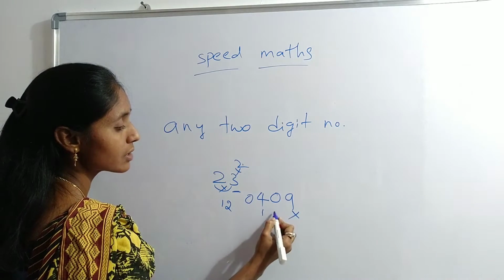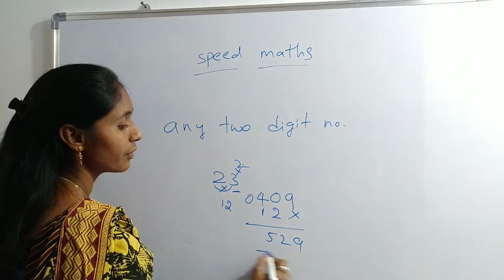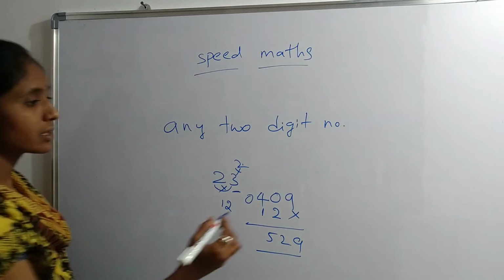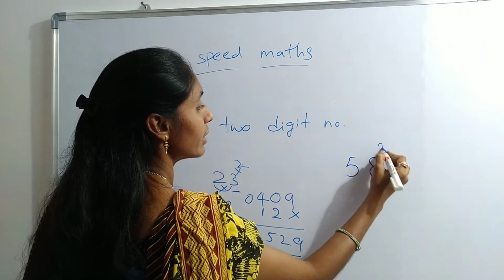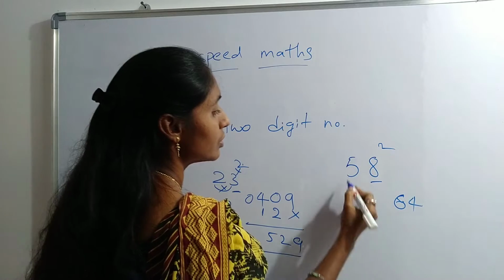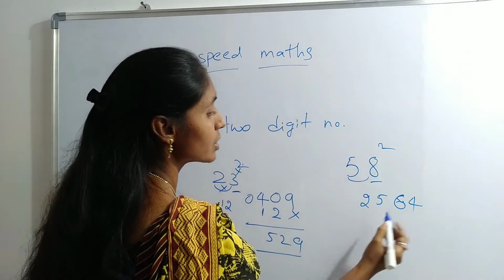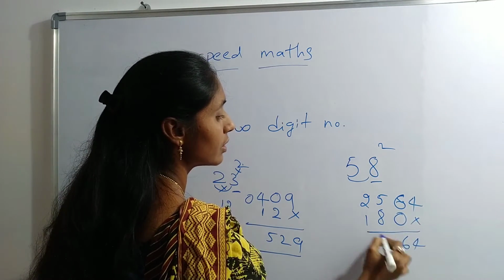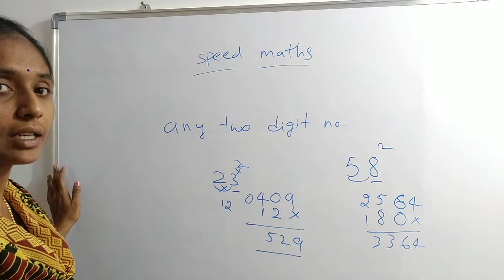Leave one place and add 12 here. So 529 is the square value of 23. Another example is 58 square. 8 square is 64, 5 square is 25, 5 eights are 40, 40 twos are 80. So 3364 is the square value of 58.